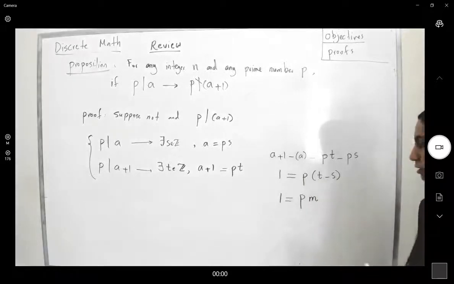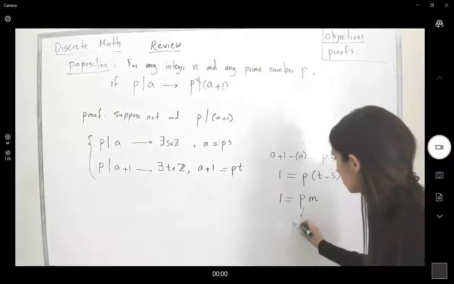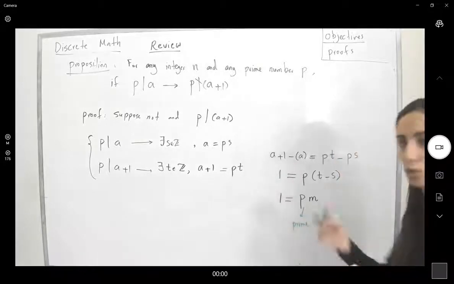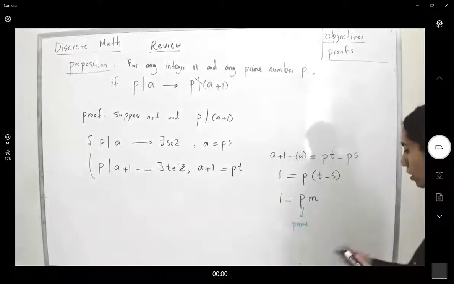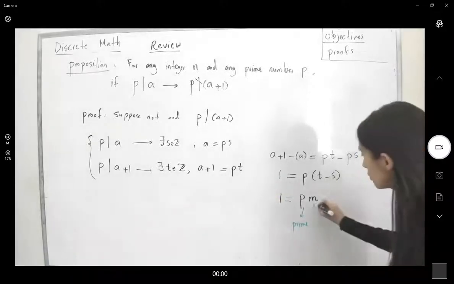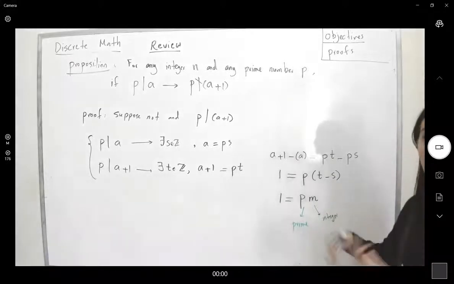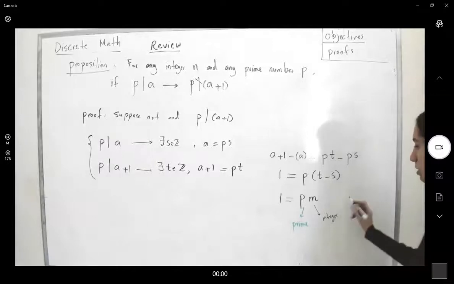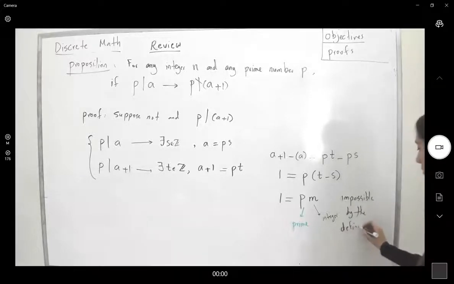Is it possible? You have a prime number, 2, 3, 5, 7, and so on, and m is just an integer. It's not a fraction, so you cannot cancel out these two, which is impossible by the definition of prime number.